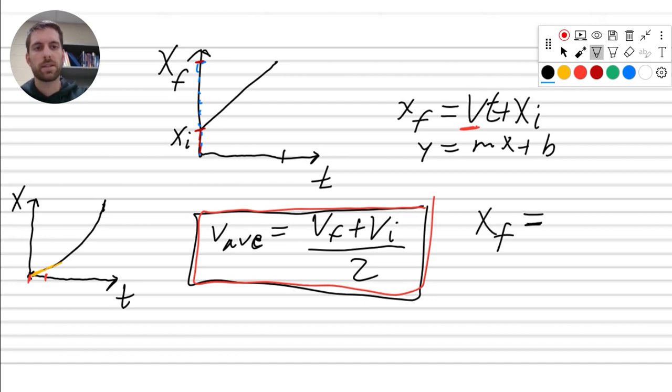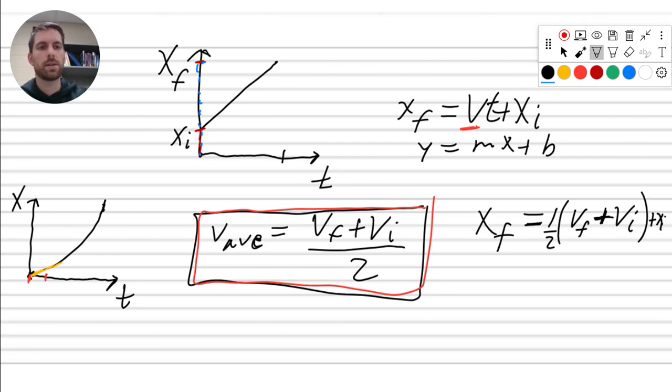In the case of constant acceleration, we have x equals one half, v final plus v initial, t, plus x initial.